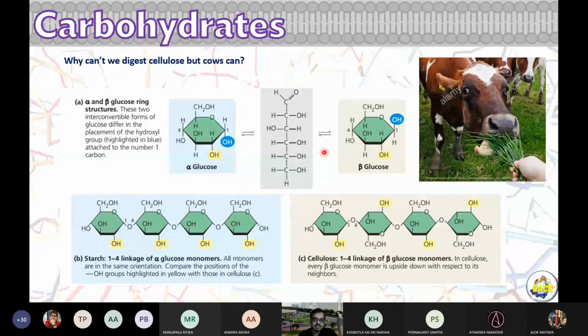That's why we cannot digest cellulose. We have enzymes called amylase, okay, which can digest starch, can get glucose out of starch. So that means depending on the kind of linkages, just a twist and tip, you can change the kind of sugar it is, or the kind of polysaccharide it is.